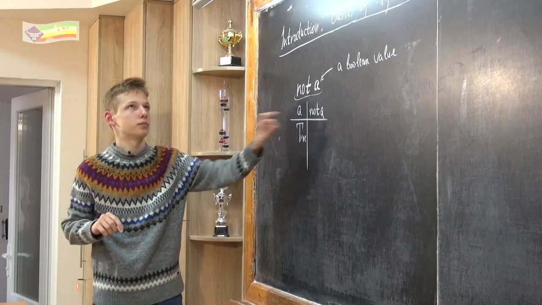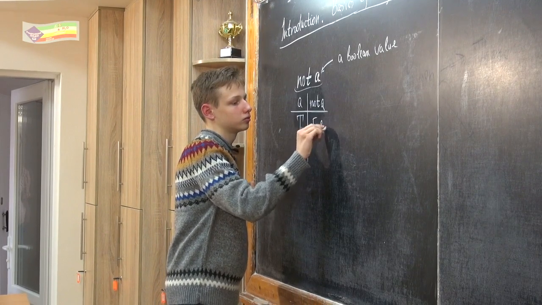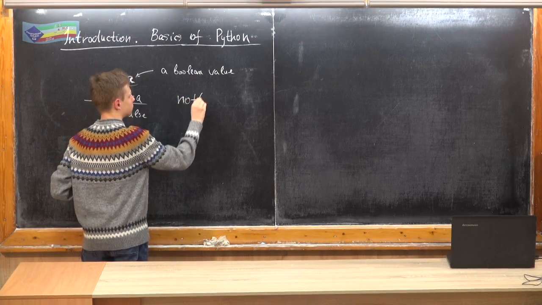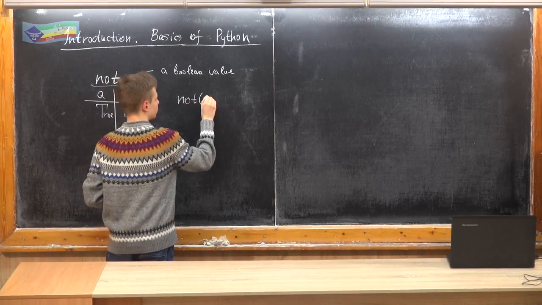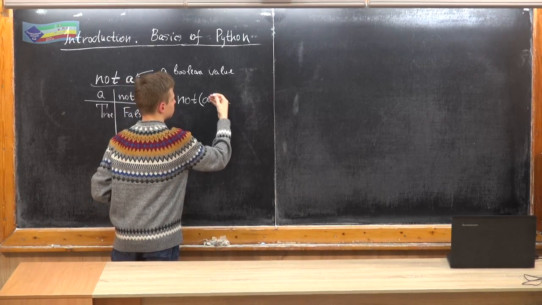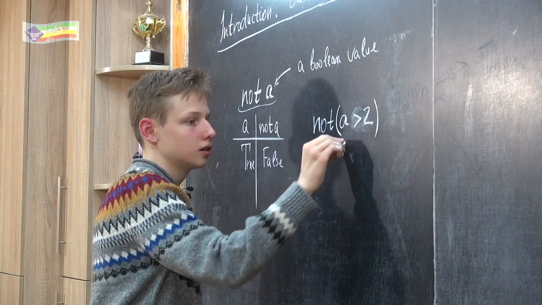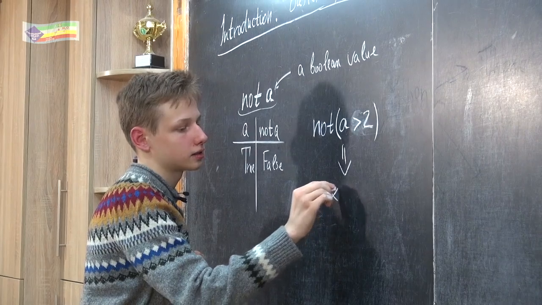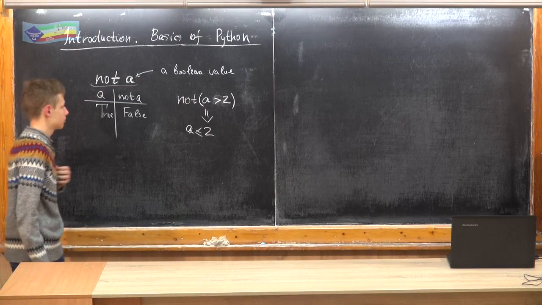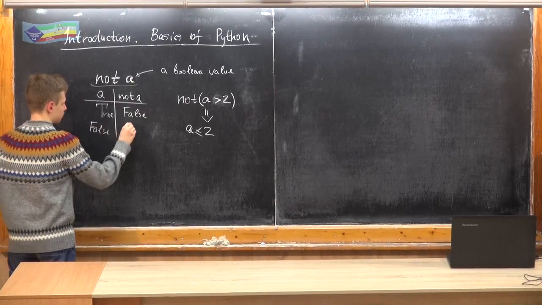From its meaning, it's obvious that not A will become false. So if we have, for example, not A is equal to 2, not is bigger than 2, then this means that A is smaller or equal to 2. And if we have some false A, then it will become true.